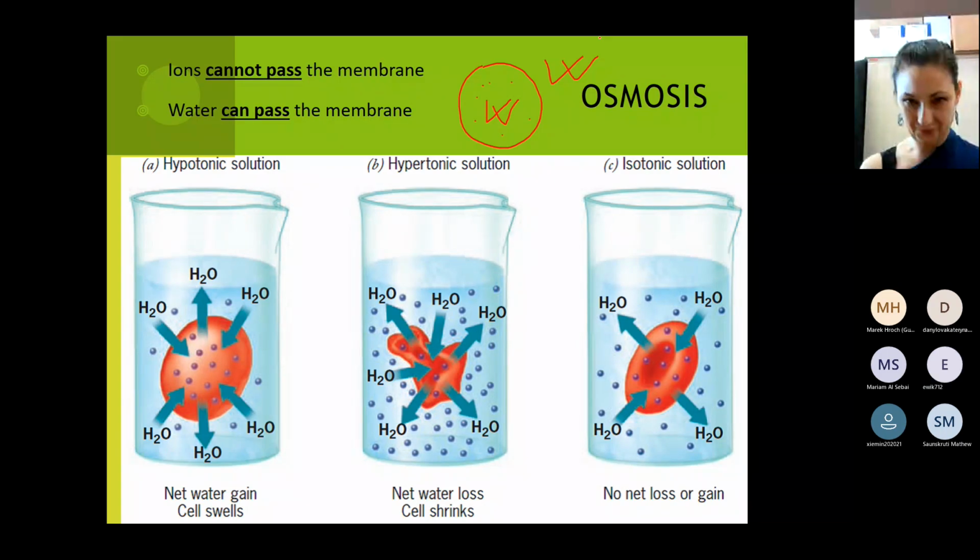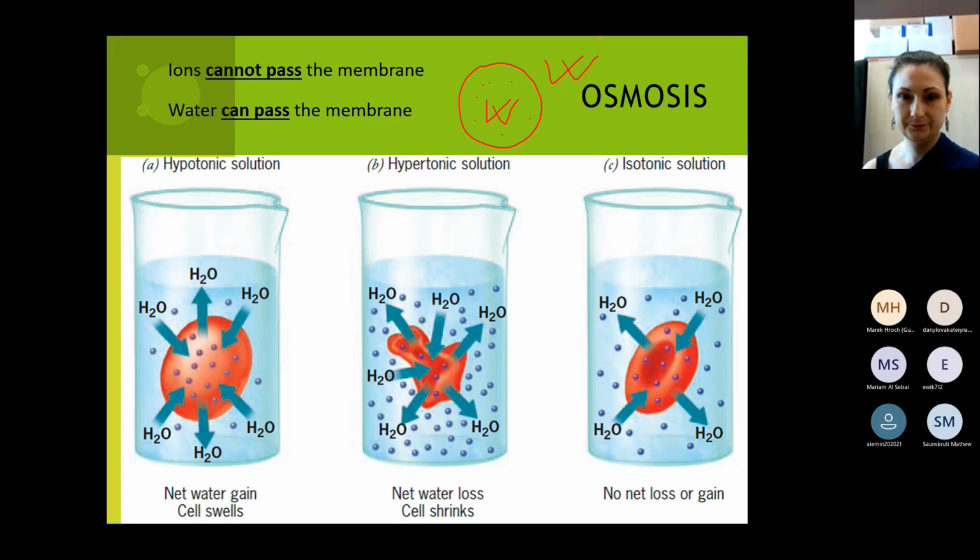Yes, it is. Okay, I will ask you, Eva, a slightly different example. What happens if I have the same cell and I immerse it in a very concentrated salt solution? So the concentration of salts is higher in the solution than in the cell.